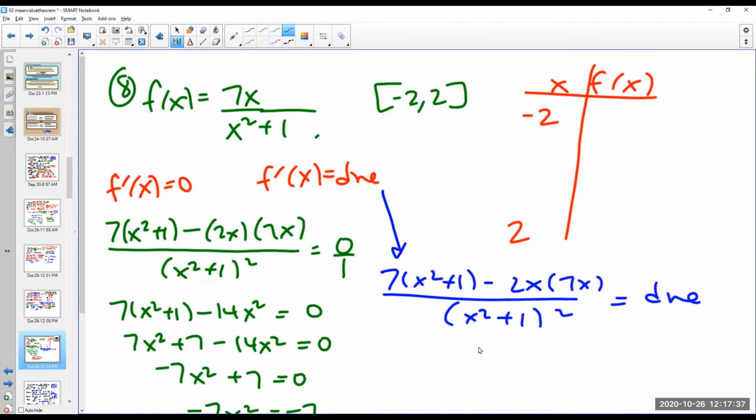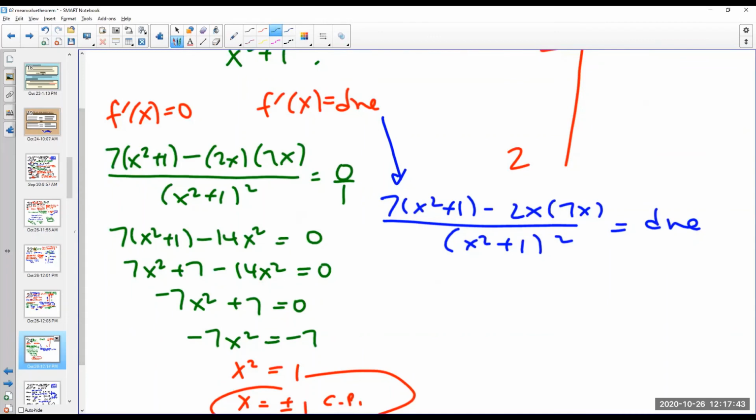The denominator. If you want this thing to be undefined, the way you make it undefined is you set the denominator equal to 0. Remember what we talked about, DNE is really 1 over 0? If you call this 1 over 0 and you cross multiply, you'd basically be setting the denominator equal to 0.